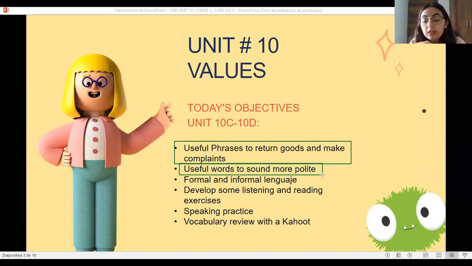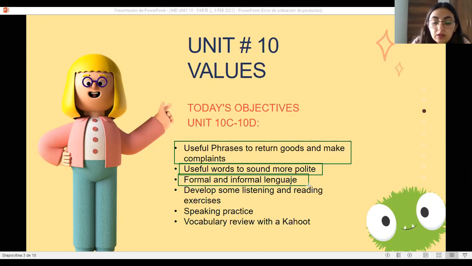So you will see some tricks to make your answers a little bit more polite. You will also remember the difference between formal and informal language when you were writing. So you're going to remember which phrases you use when you are talking in a formal language or when you are using an informal language as well.